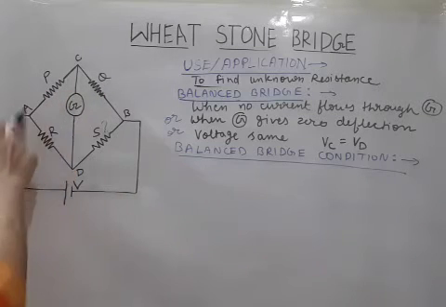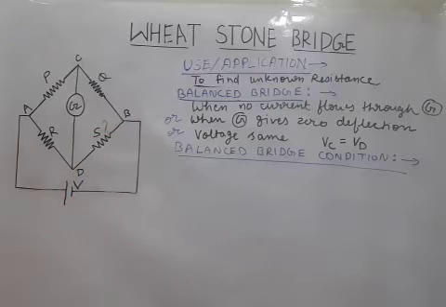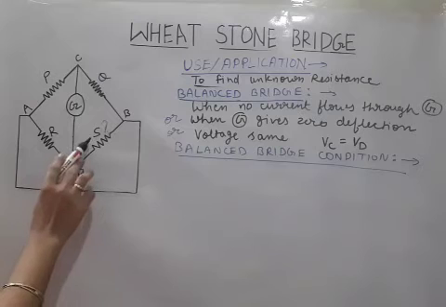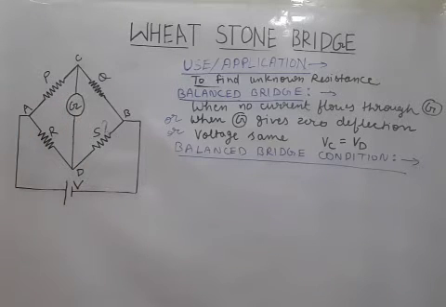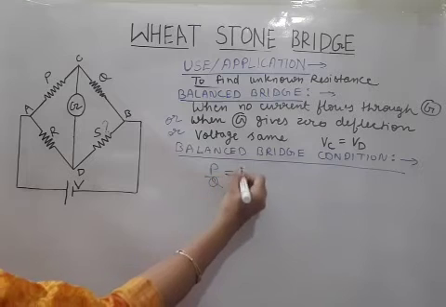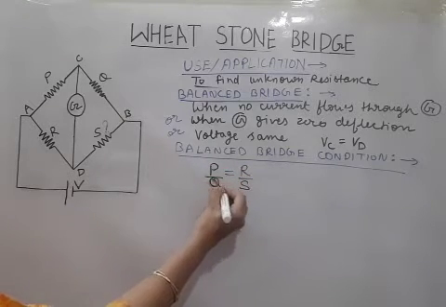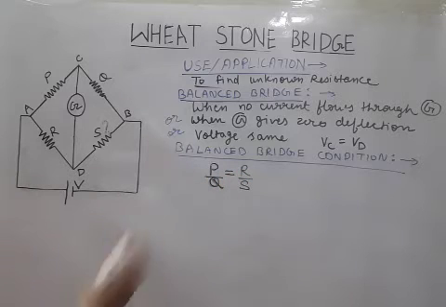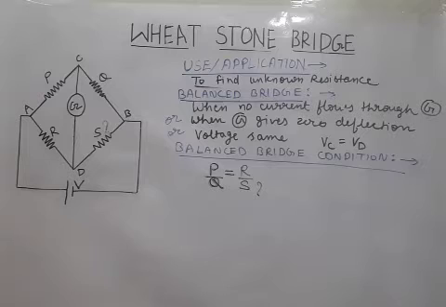Suppose out of P, Q, R, S, S resistance is unknown, then this S resistance is calculated with the help of the other three resistances P, Q, R, with the help of this equation, P upon Q equal to R upon S. This equation is useful for calculating the value of S.